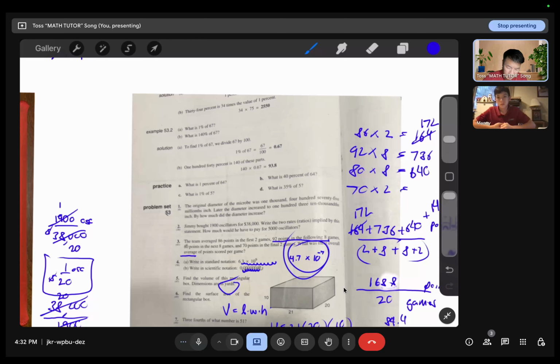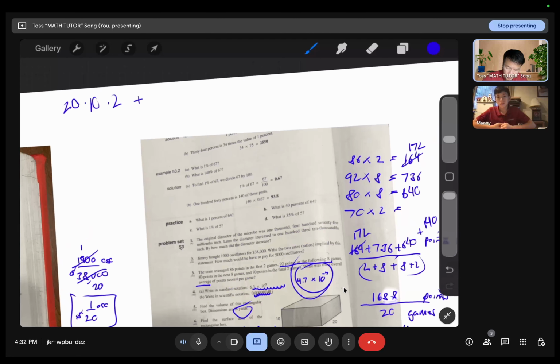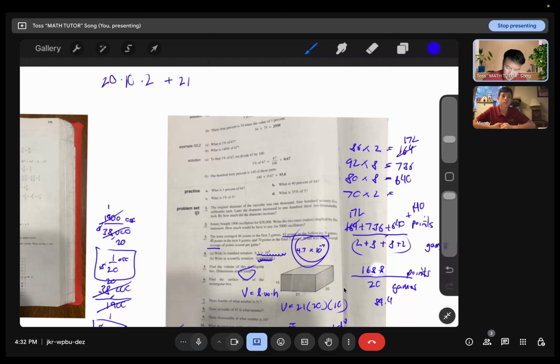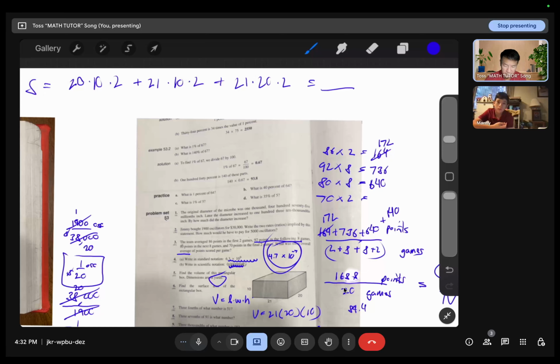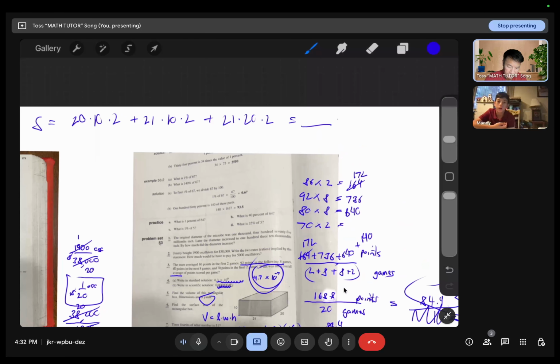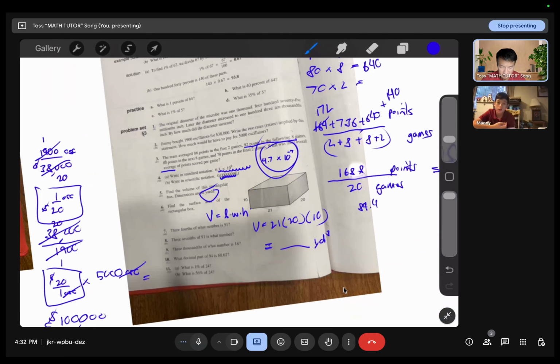Plus, you said 21 times 10 times 2, the face, times 10 times 2, plus the top and bottom, 21 times 20 times 2. Is that okay? Okay, that's it. That's going to be your surface area. You can do S or SA. And what is the unit of this one? It would be yards squared. Yeah, very good. All right.